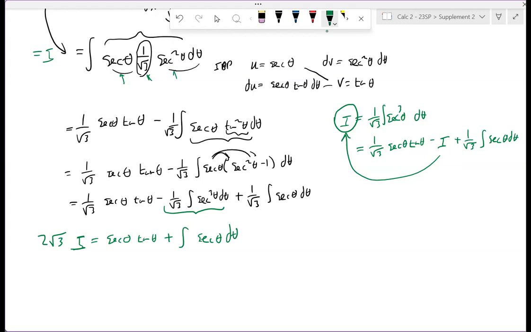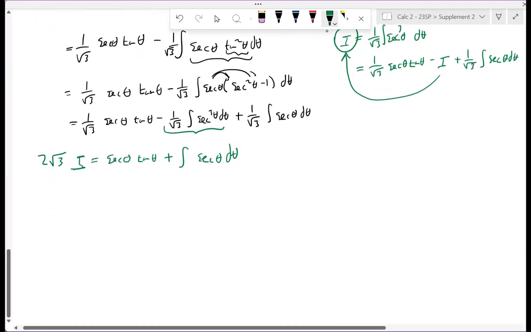So I'm almost there. I just need to integrate secant theta d theta, divide by 2 root 3, and then switch back into the x world.